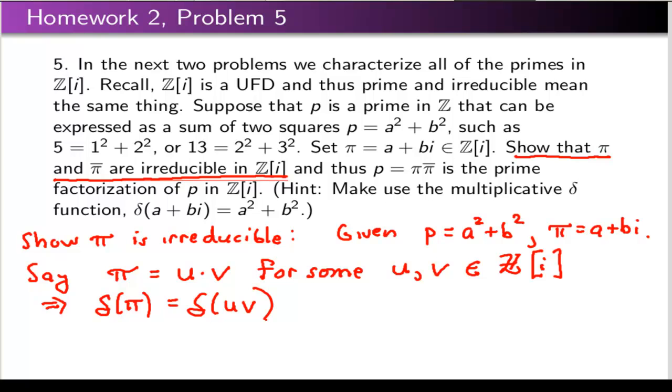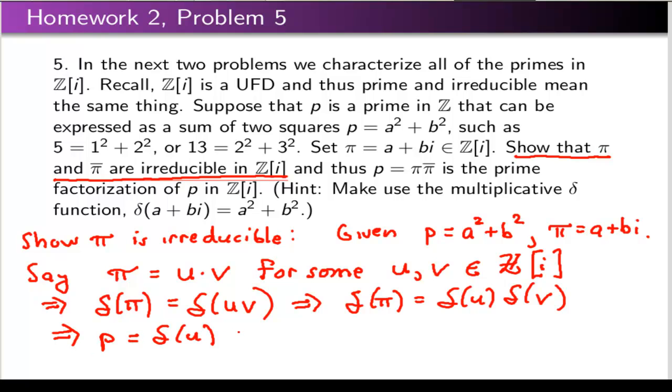Use the multiplicative property of delta. Okay, what's delta of pi? Well, delta is a squared plus b squared. That equals p. All right, so we've got p is delta of u times delta of v.